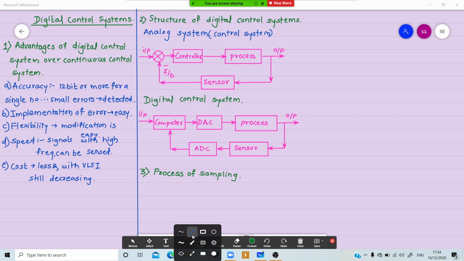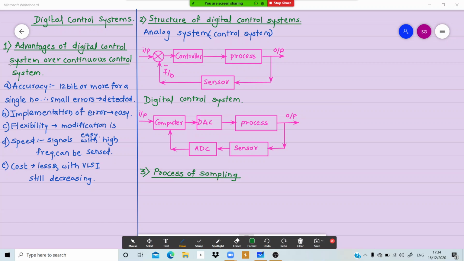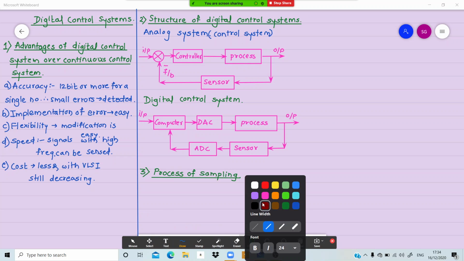Sampling is done means the signals are converted from analog into digital using sampling. You might have learned this thing in your second year, in the digital electronics subject. So I'm just trying to throw some light on that, right? Yeah. So what you are having? You are having your signal continuous one.